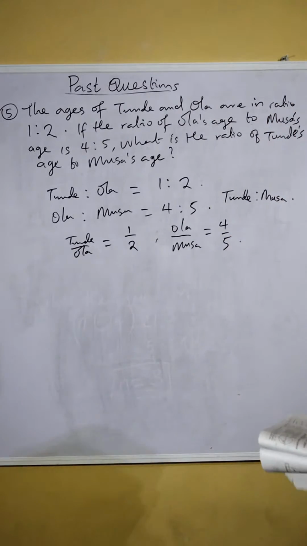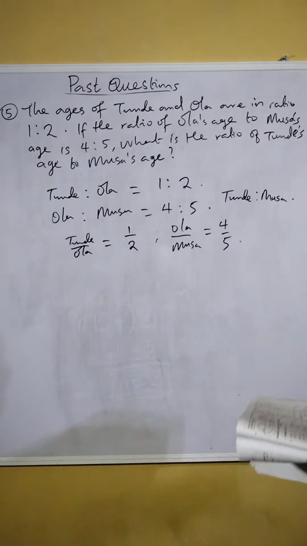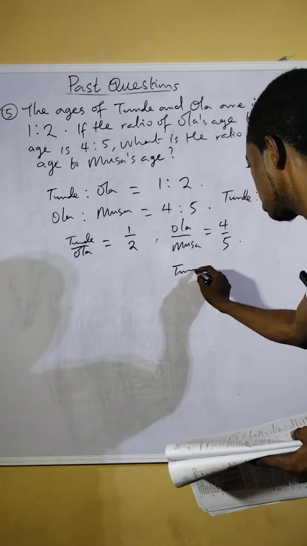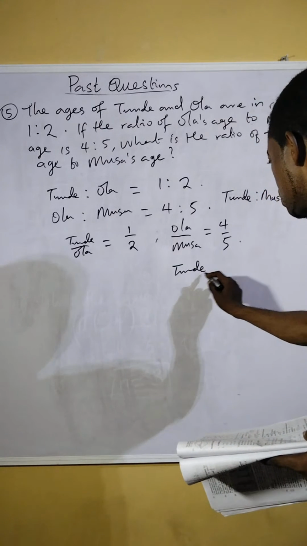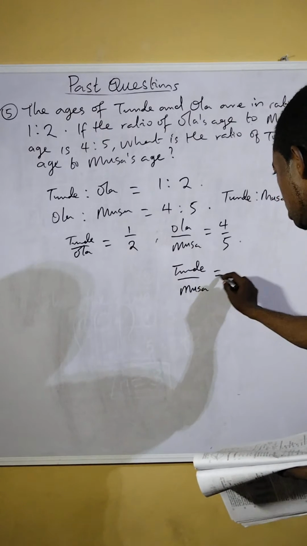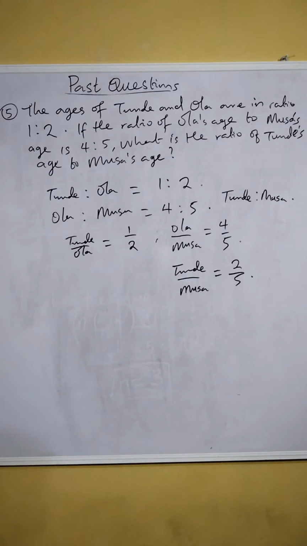And now the question says we should find the ratio of Tunde to Musa. So definitely, from what we have here, Tunde to Musa should be 2/5.